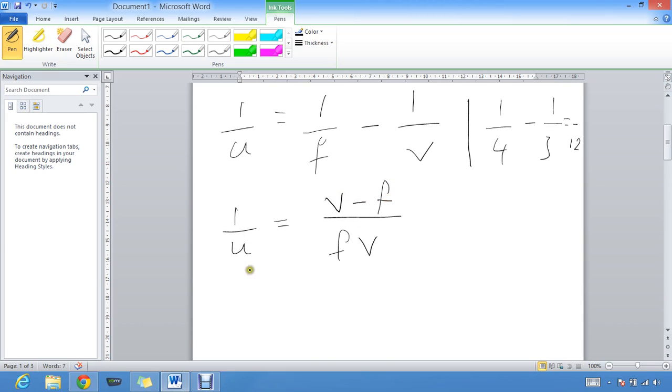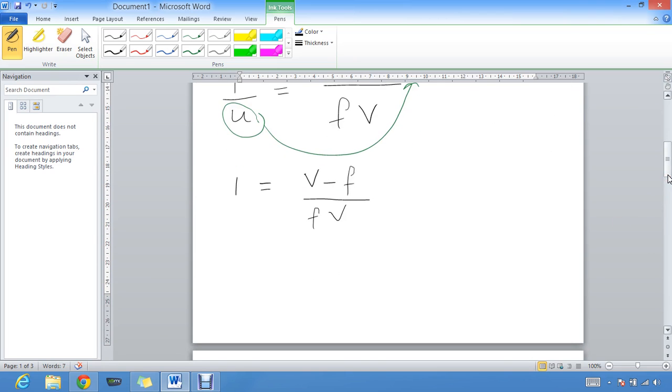Now because you're dividing there, you take that across and you can multiply it here. So your new fraction will now look like 1 equals v minus f over fv, and you'll times that by u.